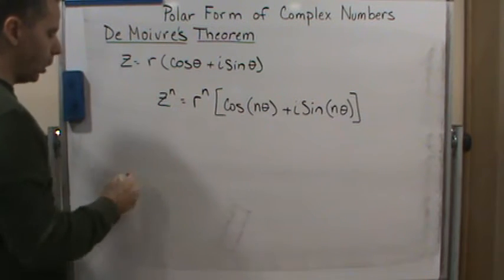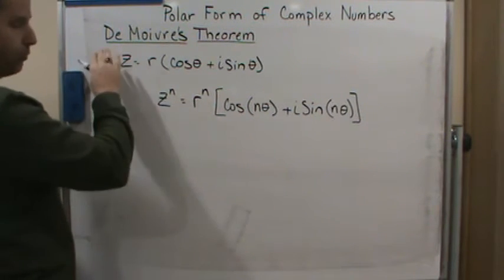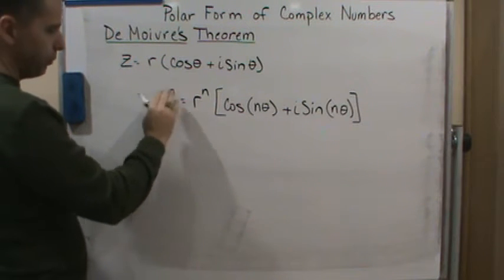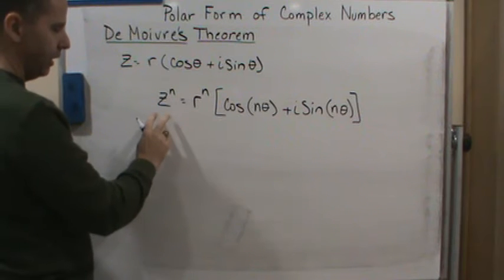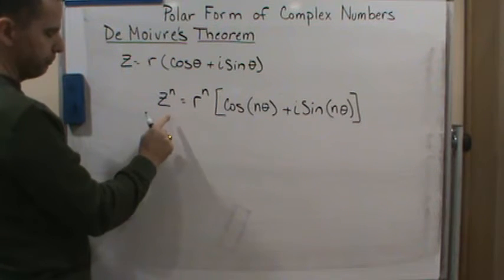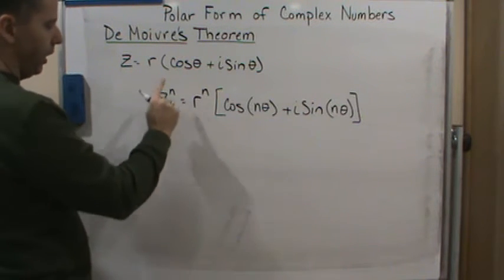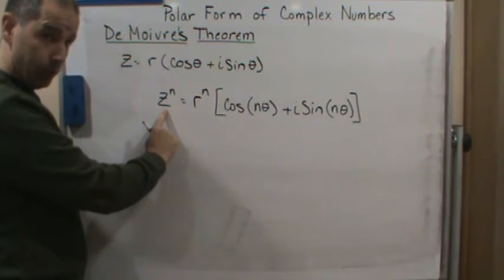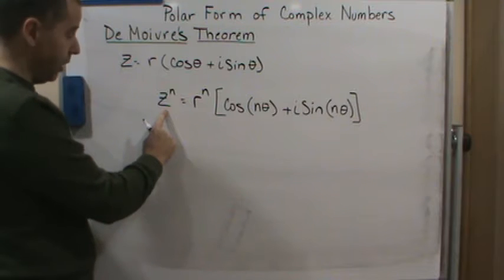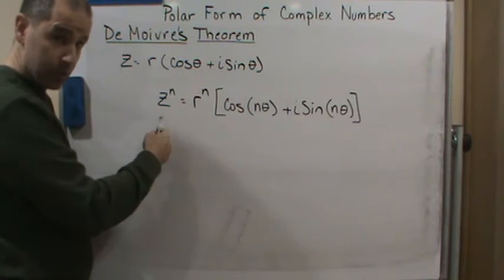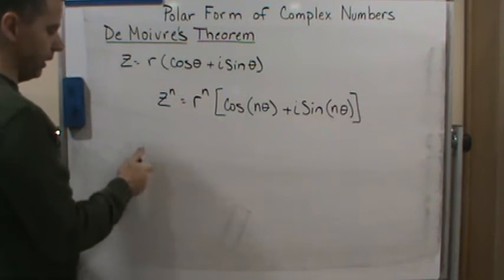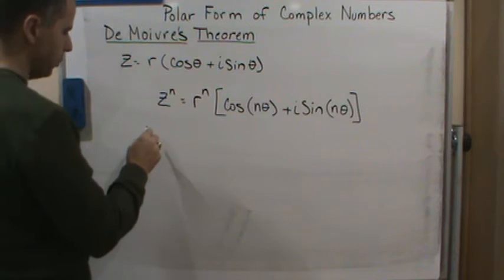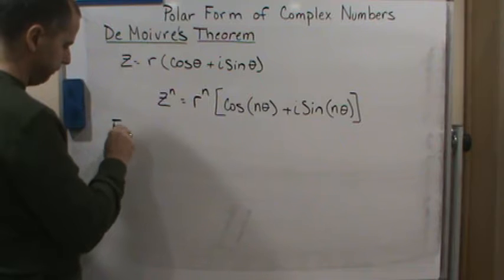That's where de Moivre's theorem comes from: we can keep repeating the product rule for complex numbers, because remember, powers are just repeated multiplication. So you can see where this comes from.